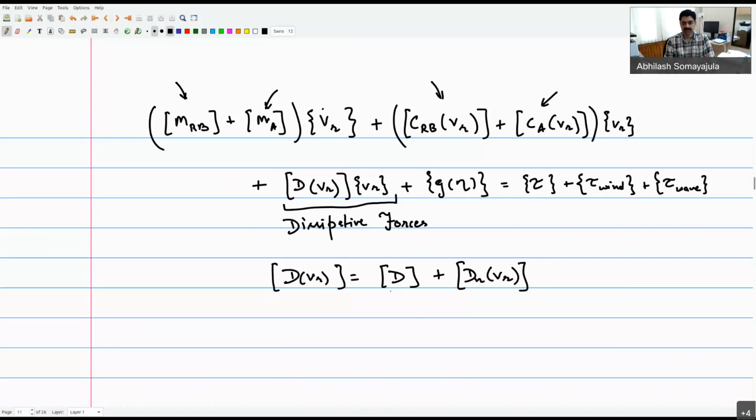Can anybody quickly recollect what the linear part was coming from? What was causing this linear part of the damping to come up? Potential damping and skin friction. Correct.